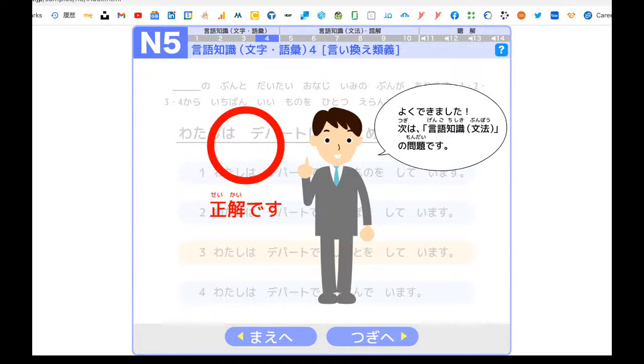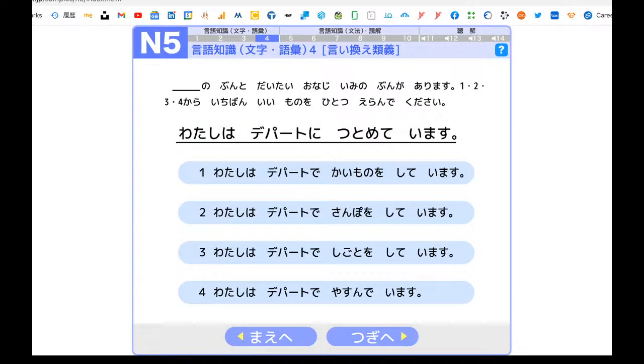So when you see these kind of questions, if you read every single word of every single sentence from the beginning, it takes a lot of time. So find out the common part and then just ignore those parts and just take a look at the different part and then make a decision. That's the tip to answer quickly.